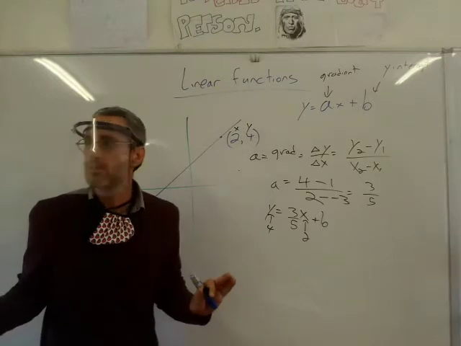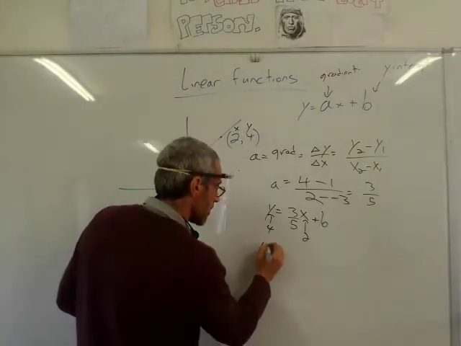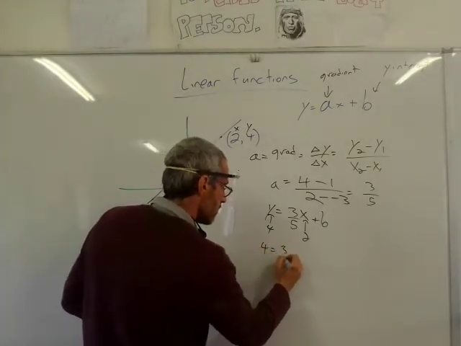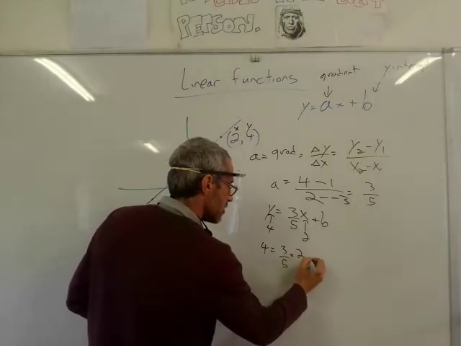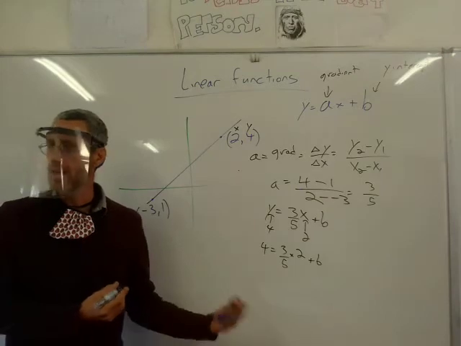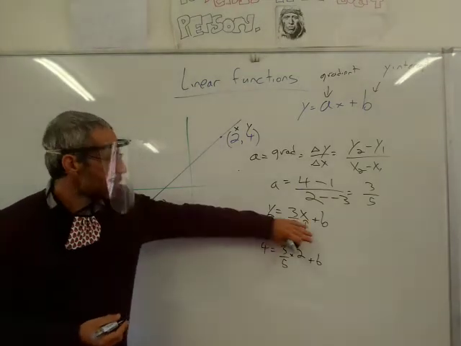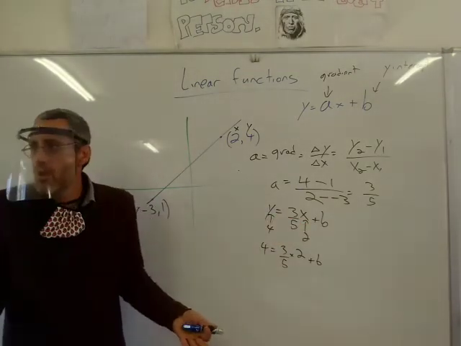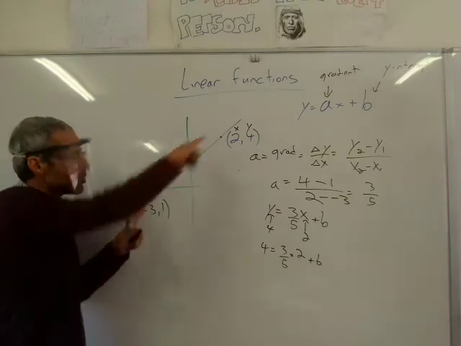I choose which one. So I chose that, and we write 4 = 3/5 times 2 + b. Now I can solve for b. I can't solve for b when I have unknown x and y, but I can substitute one of the points.